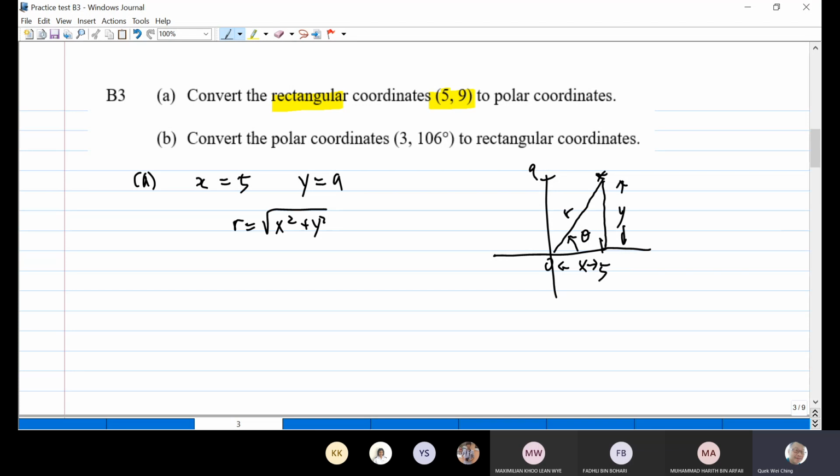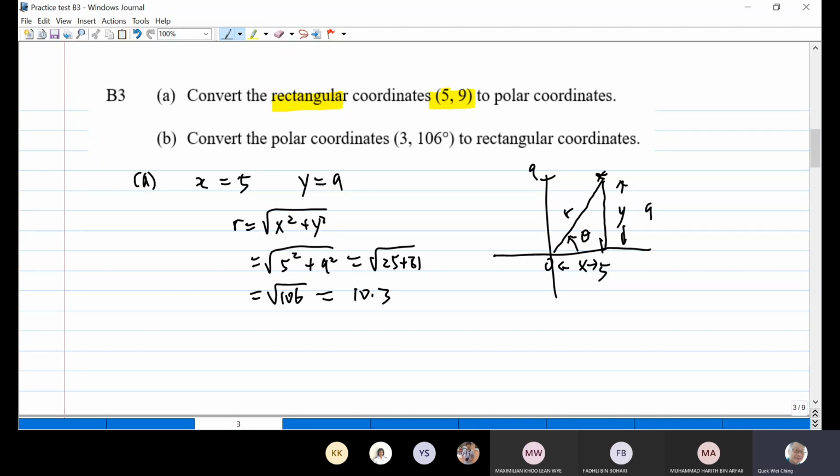So you get the square root of 5 squared plus 9 squared, which is 25 plus 81, which is 106. Take the square root of 106, which is 10.29, about 10.3.